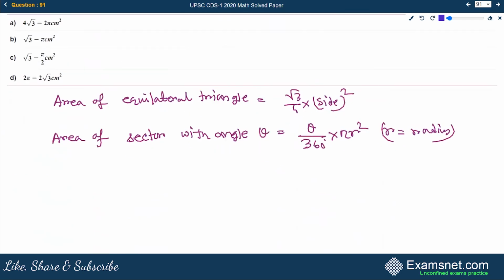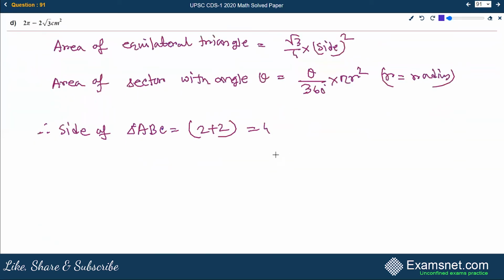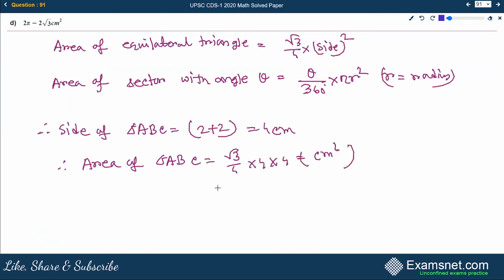Therefore side of triangle ABC is 4 centimeter. So we can easily find the area of triangle ABC, root 3 by 4 times 4 square, so it will become 4 root 3 centimeter square.